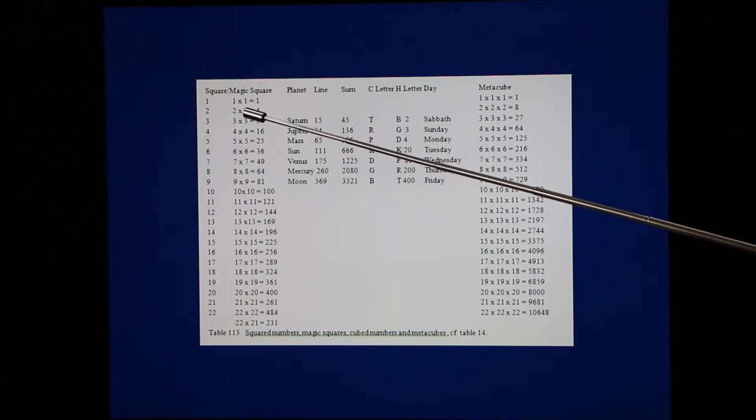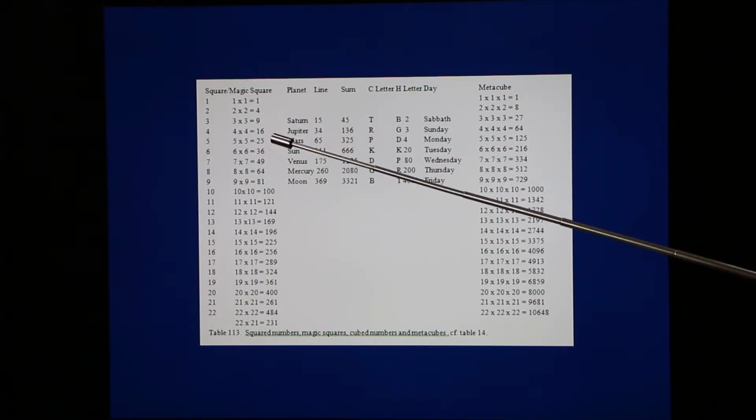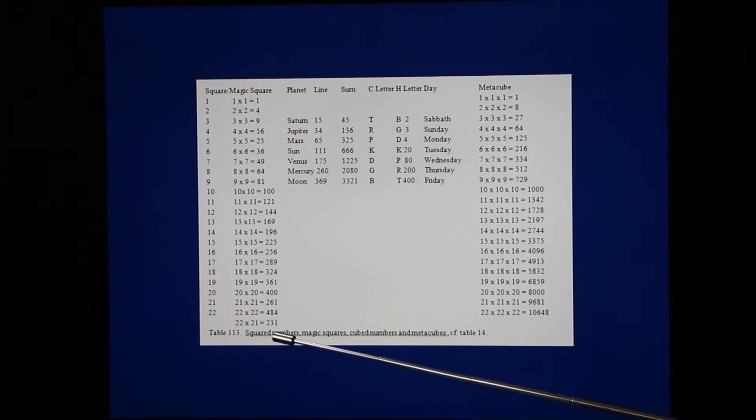For the moment, I'm going to spend a few minutes showing how these combinations of numbers and geometries link up in making cosmologies with respect to the alphabet. So I can take my basic magic squares of 1 times 1 times 1, or 2 going up to 22.